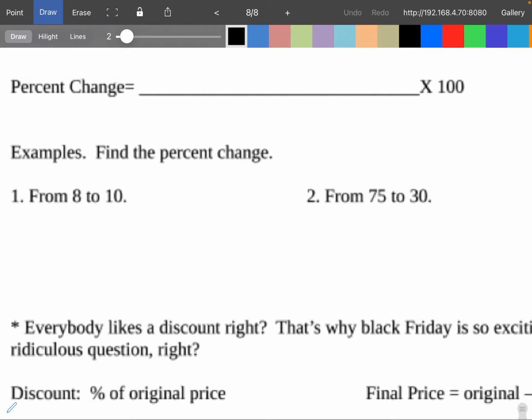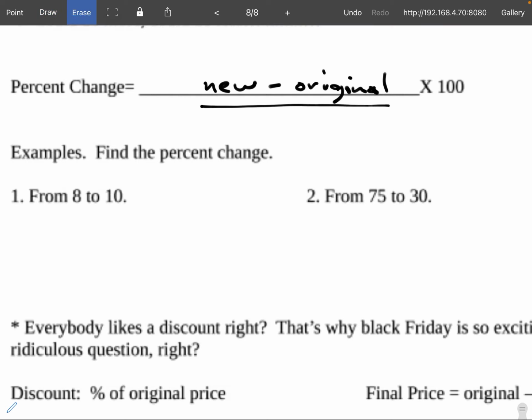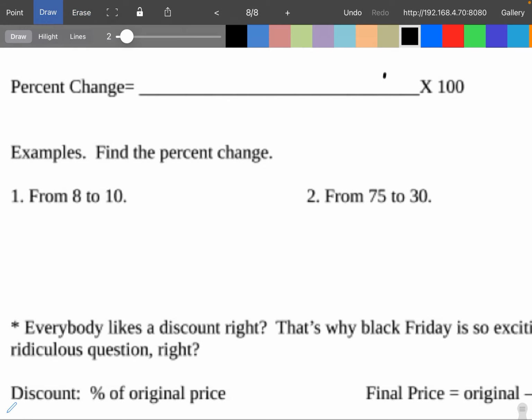Okay, so percent change. I'm going to write a little formula for you here. It'll be the percent increase or the percent decrease. It's going to look like this: new, kind of like the new price, minus the original, divided by the original.